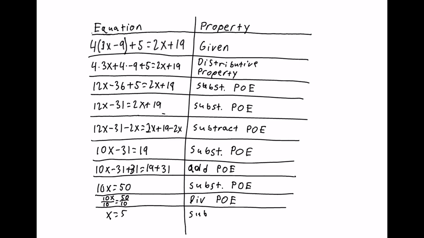End it off with substitution property of equality. Alright, so again, you probably added a few more steps, but the process is still the same. Same thing we learned last year, you're just showing the steps out more, and you're showing what properties you used.